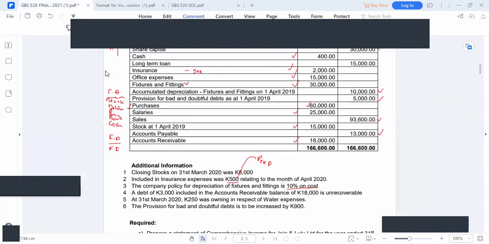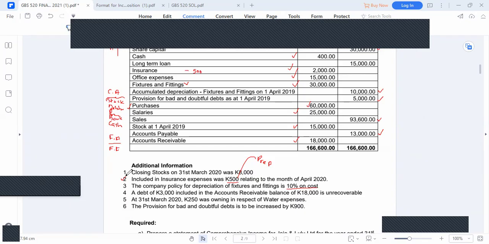Okay, then next, can somebody explain what happens to the 500 here that is included? To reduce the insurance expense on the income statement on the expense side.